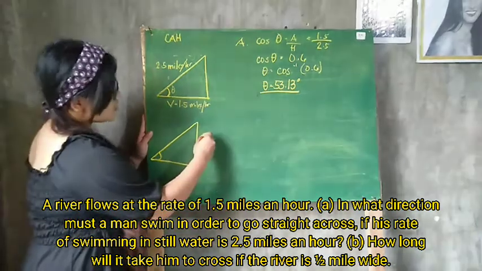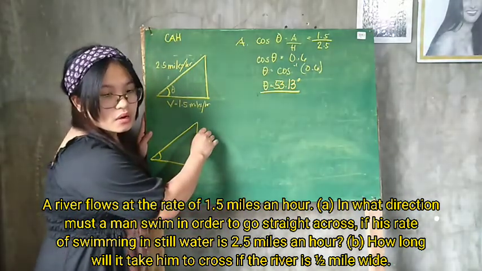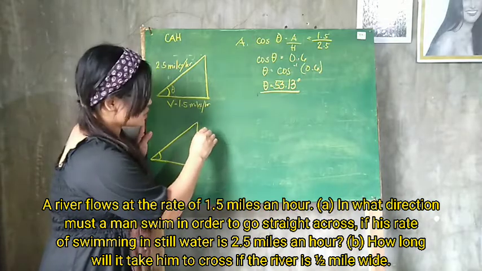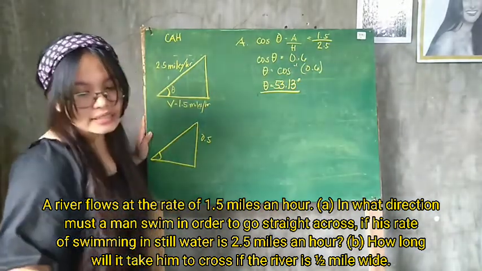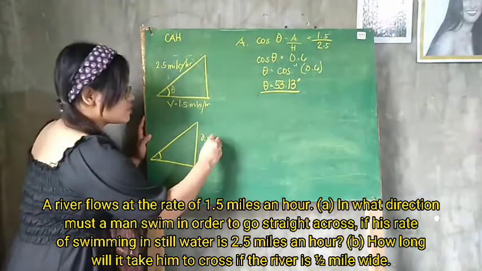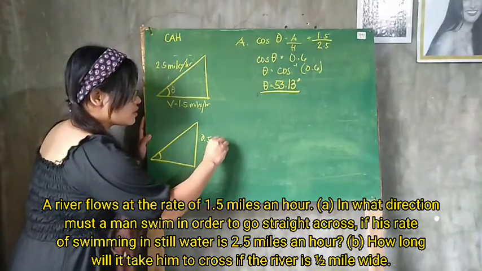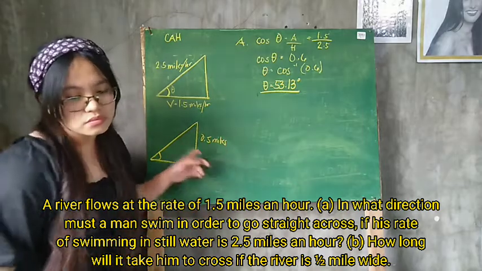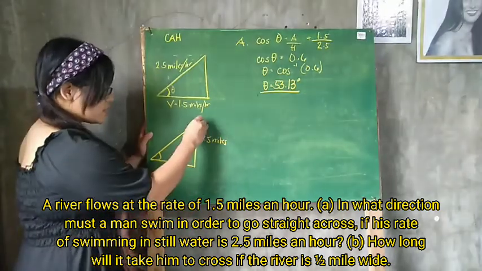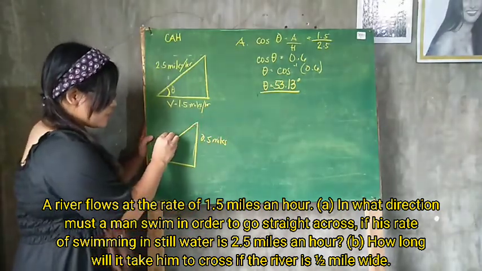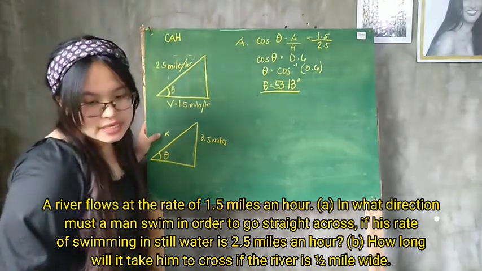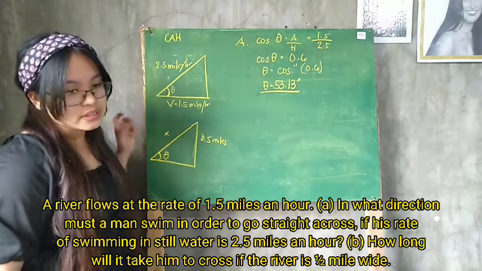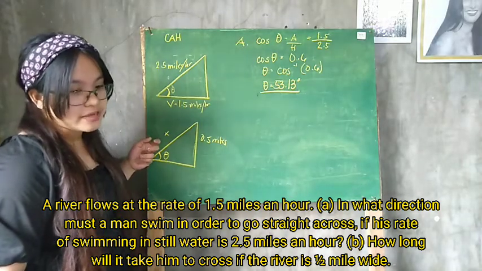And this is the 0.5 miles, or let's say 1/2 mile is equal to 0.5 miles. This is the width of the river. Then the question is, how long? So this is our time.